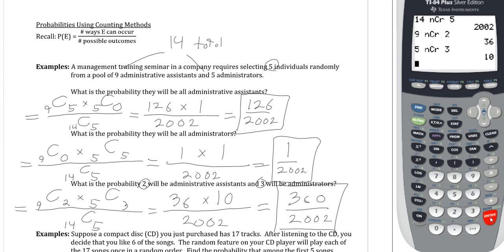All right, now we noted before with the non-distinct items there was a pattern that can help you make sure that you do this correctly, and we have a similar pattern here as well. For the non-distinct items, we wanted to make sure that the numbers on the bottom add up to the number on top. We have the same thing here. If you notice, the first number in each combination, 9 and 5 on top, add up to the total amount of individuals, 14.